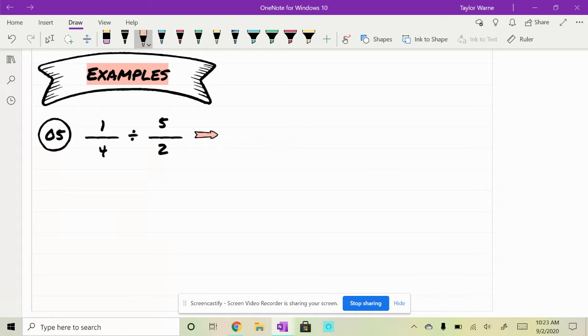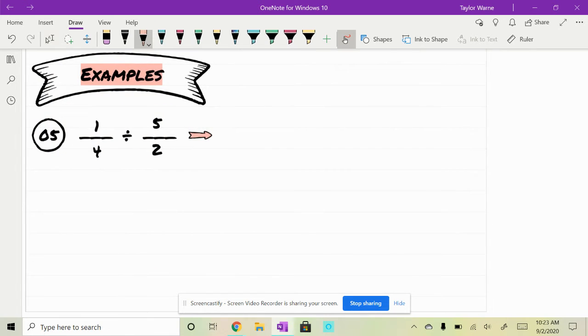Our keep is to keep the first fraction. So we are going to keep our 1/4. Then we are going to flip our 5 divided by 2. So 5 divided by 2 as a reciprocal is 2 divided by 5.